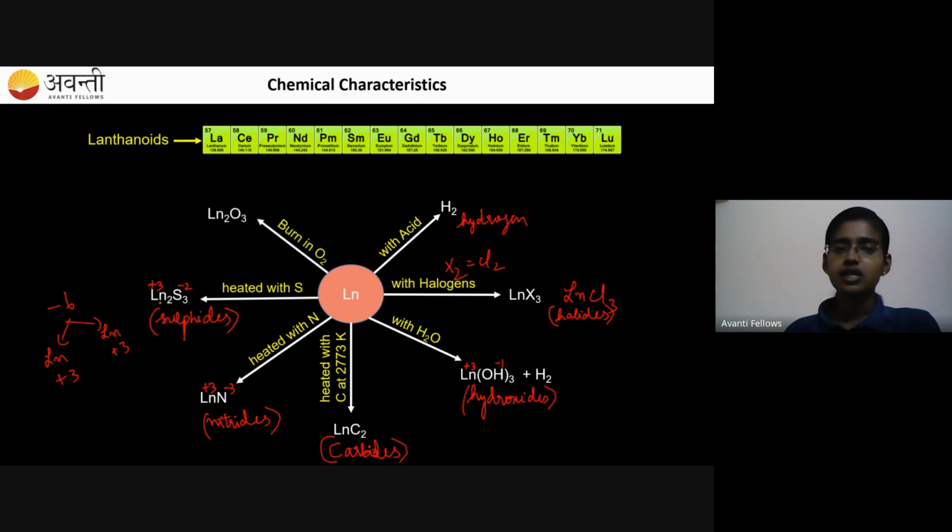And when it is treated with oxygen, it forms oxides. Again oxygen, so the charge is -2. 3 into -2 is -6, and -6 is shared by 2 lanthanides, so one lanthanide charge is +3. Clear? So these are the chemical reactions of lanthanides.